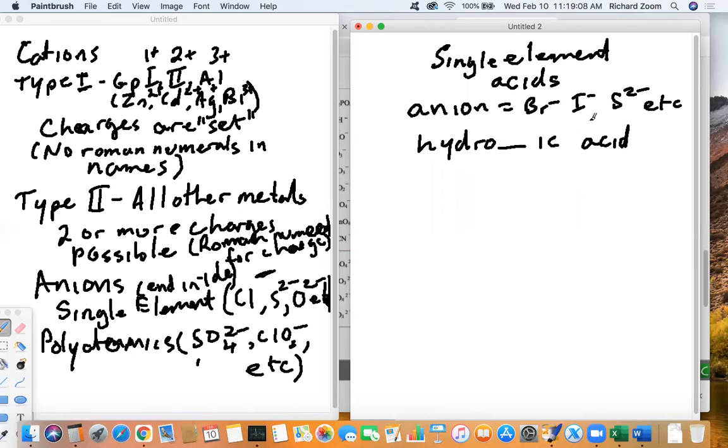Hydrobromic, hydroiodic, hydrosulfuric. The hydro here does not indicate hydrogen. It indicates it's a single element anion.